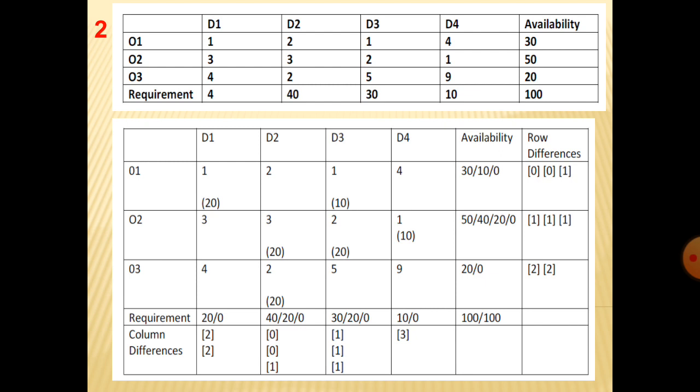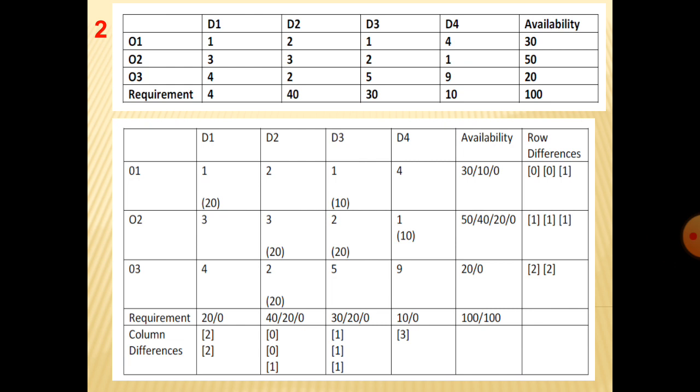In the column also you got 2. Okay. What we have to do? We have two equal penalties. You can select anyone. I am going to select column difference 2 as the maximum penalty here.